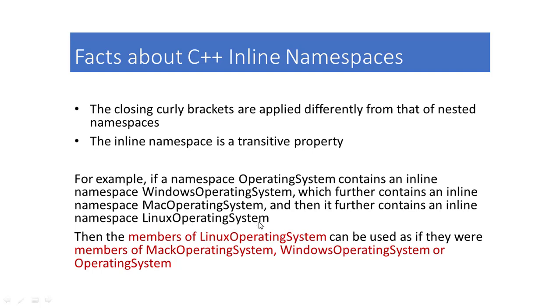In that case, the members of Linux operating system can be used as if they were members of Mac operating system, Windows operating system, or operating system. This is as a result of the fact that it is a transitive property.